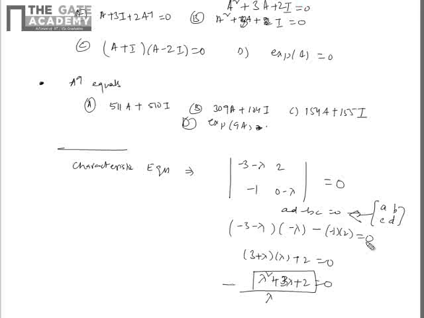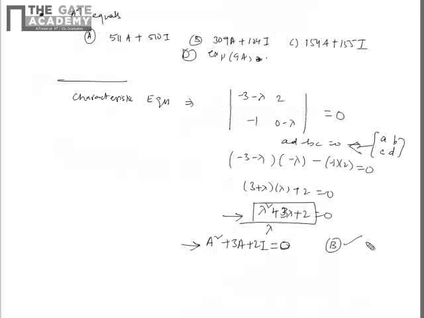This is the characteristic equation, and as the Cayley-Hamilton theorem says, you have to just replace lambda with A. So your matrix satisfies it, A square plus 3A plus 2I is equal to 0 in matrix form, or the null matrix. So for the first question the answer is option B: A square plus 3A plus 2I is equal to 0.